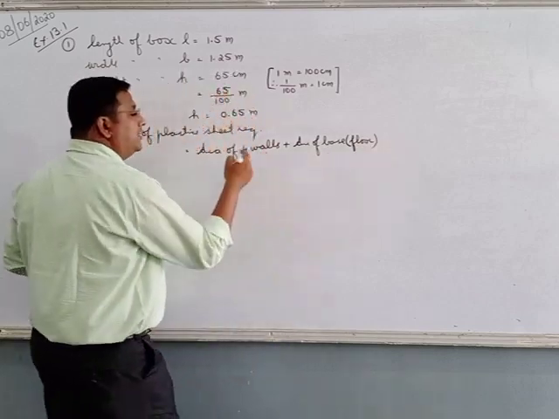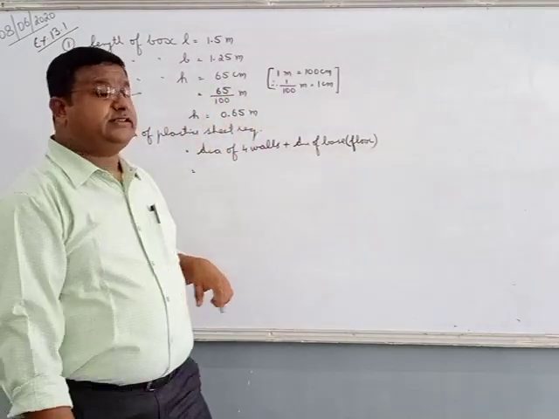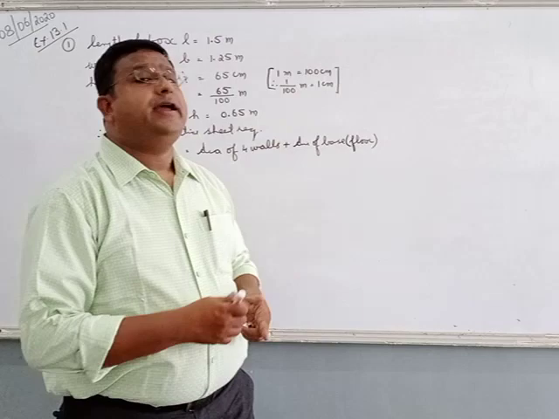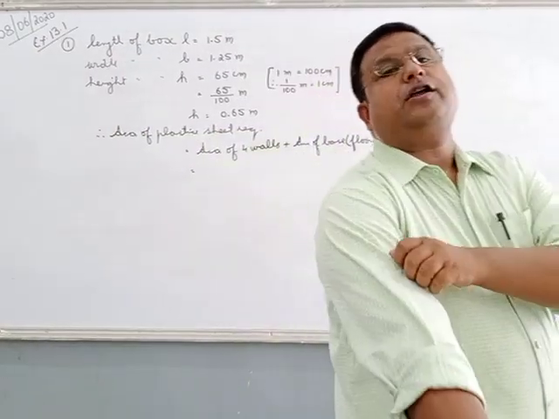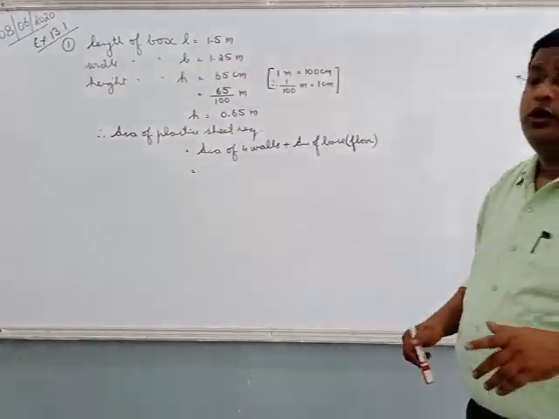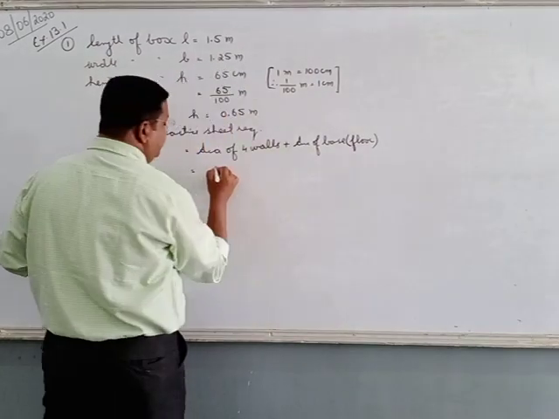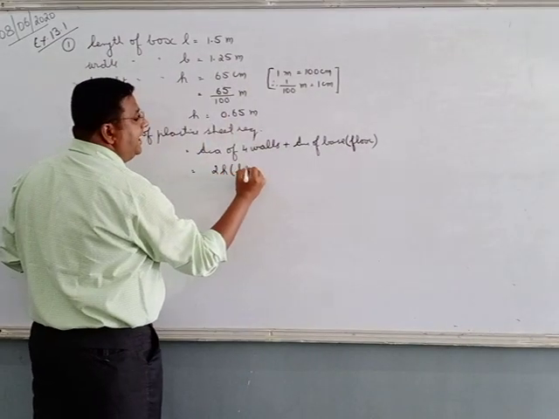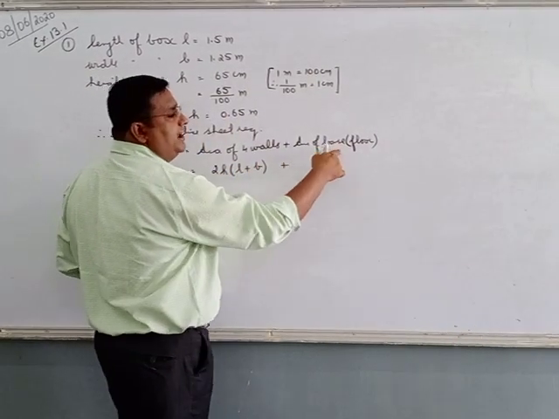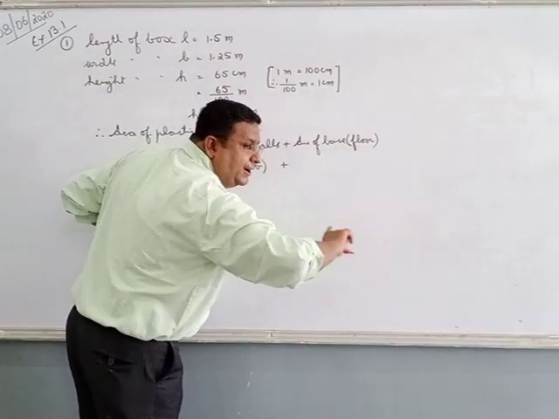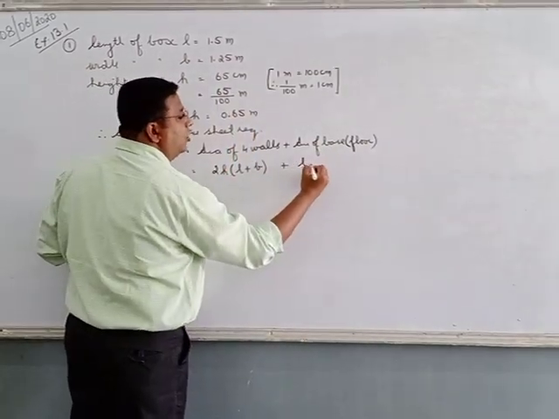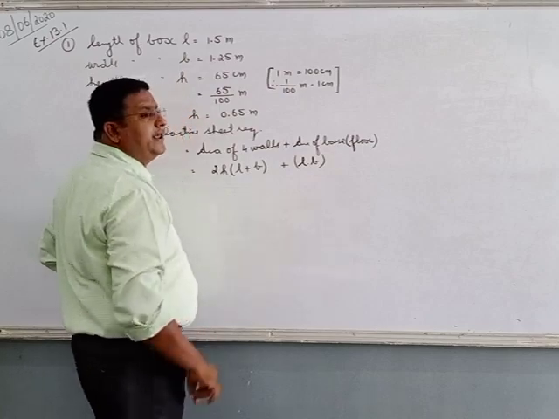Area of 4 walls is the lateral surface area. Since all the dimensions are different, it is a cuboid. The lateral surface area of a cuboid formula was given to you. It was 2h into (L plus B), plus area of base, that is L into B.